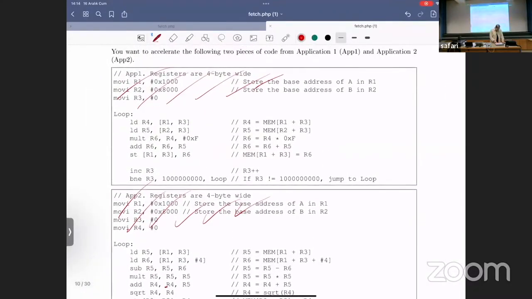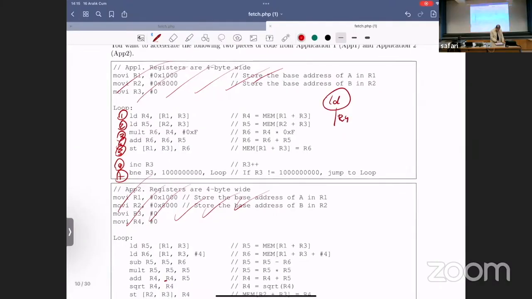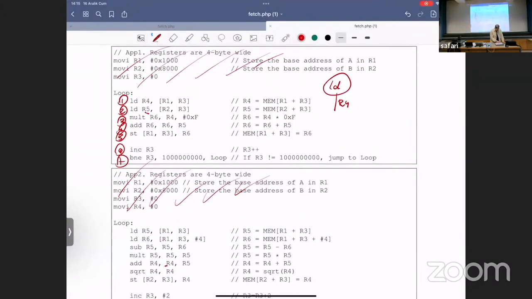How do you do this? First, you basically need to figure out the dependencies that you have in this code. If you get it correctly, you're going to get the rest of the equations correctly, probably. The first operation is a load, and this load produces R4. Then you have another load that does not depend on the previous one, and it produces R5.